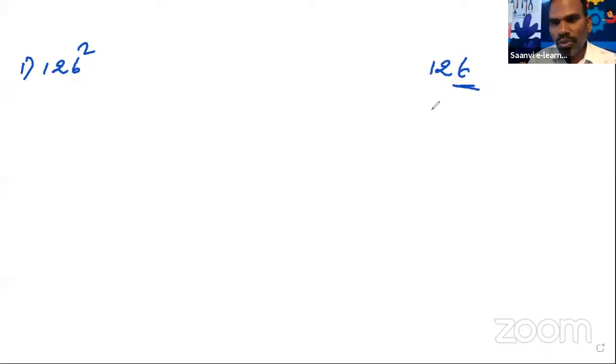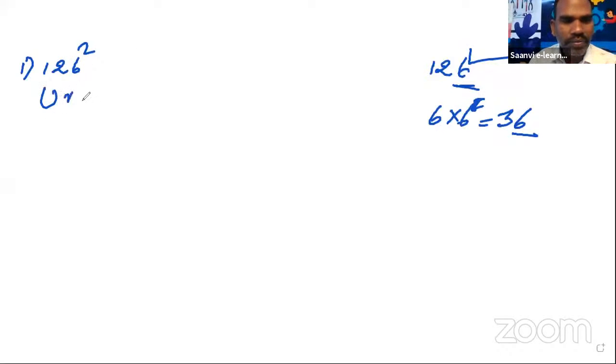Only you see 6 square. No need to multiply the total 126 into 126. Just take the unit place and multiply it by itself. 6 times 6 is equal to 36. Now what is the unit place? 6. So 126 square also has unit place equal to 6.